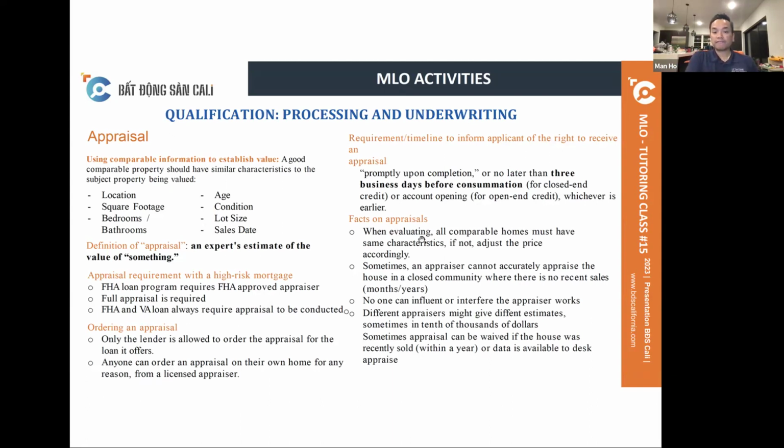price of the home. Facts on the appraisal: when evaluating, all comparable homes must have the same characteristics, not just the price. Sometimes an appraiser cannot accurately appraise a house in a closed community where there are no recent sales. If you look at an area in a zip code, or in the proximity of the property, it's easy.